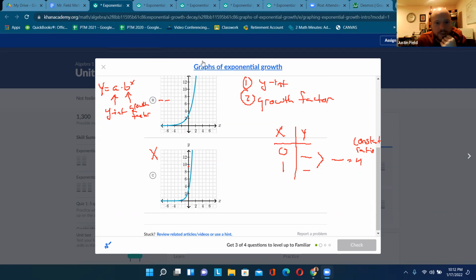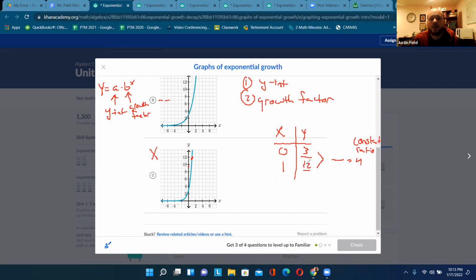Let's see. This one, so they both have a y-intercept of 3. But this one, see the value at, is it at 12? I think it's 1, 12.